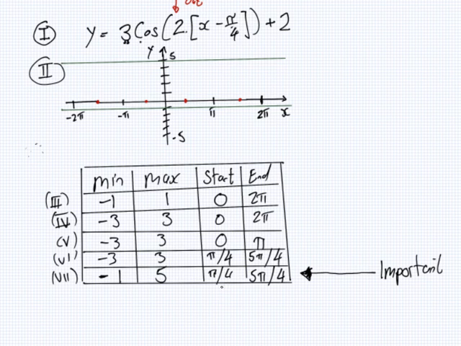Pi over 4 is 45 degrees, so that would be here. And then 5 pi over 4 is 225 degrees, isn't it? So that would be here.